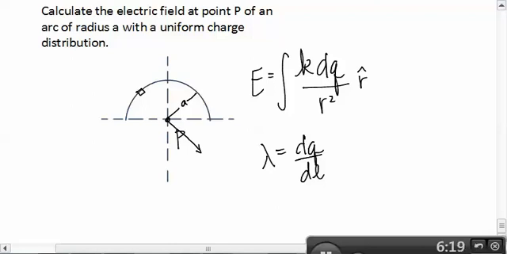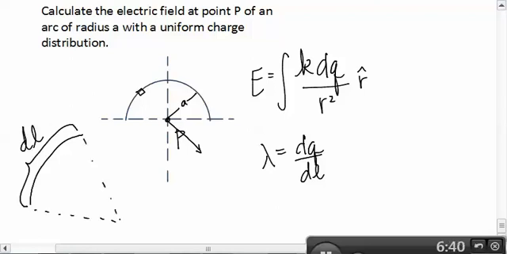Now, dL is a little bit of the arc length. How do you find arc length? So I'm going to blow it up. So dL would be a little bit of this arc length. And you've got your radius business going on here. How would you find that little length right there?